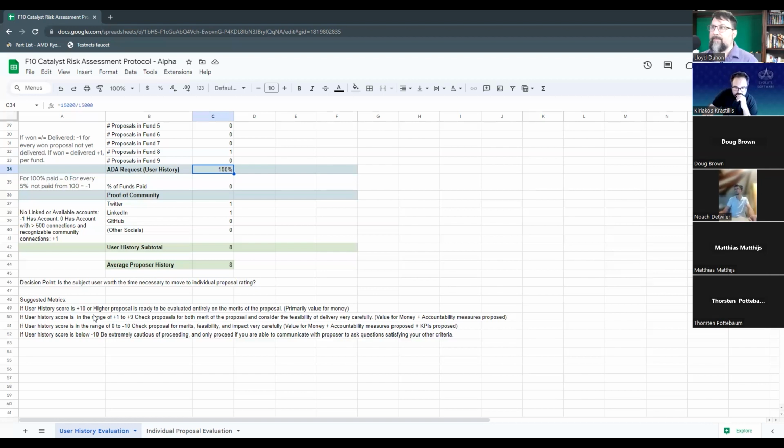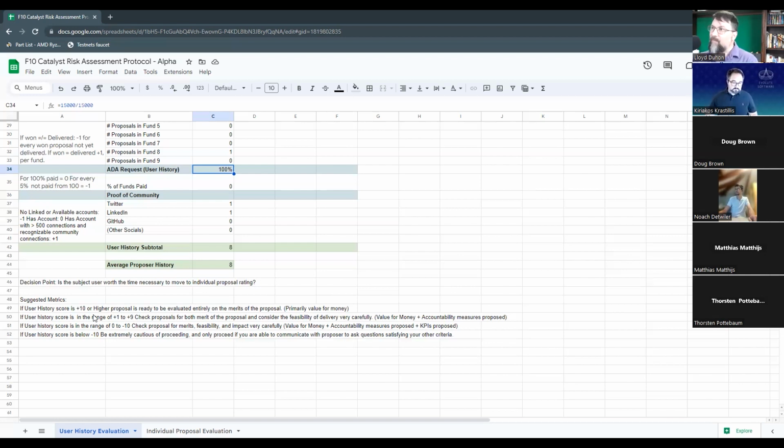So this is my metrics for this part of it. If the score is over a +10, then if you're looking at that person's proposal, really the value for money is the most important thing. They're clearly a deliverer. They clearly have a good proof of humanity and community in our space, and they've delivered well. So if they're proposing something, is that proposal worth it? And it may not be.